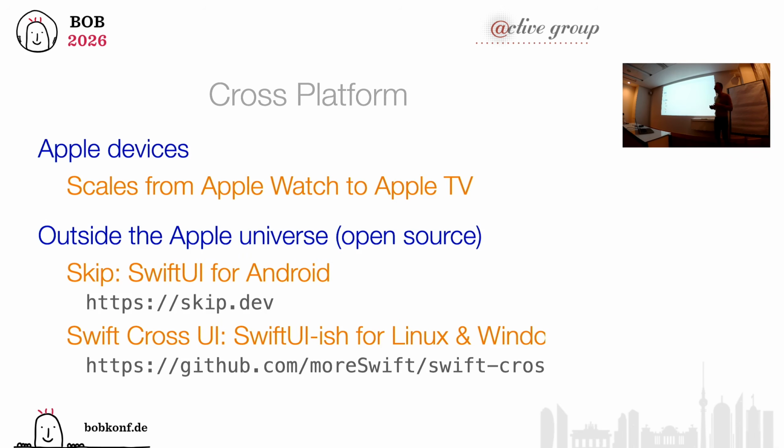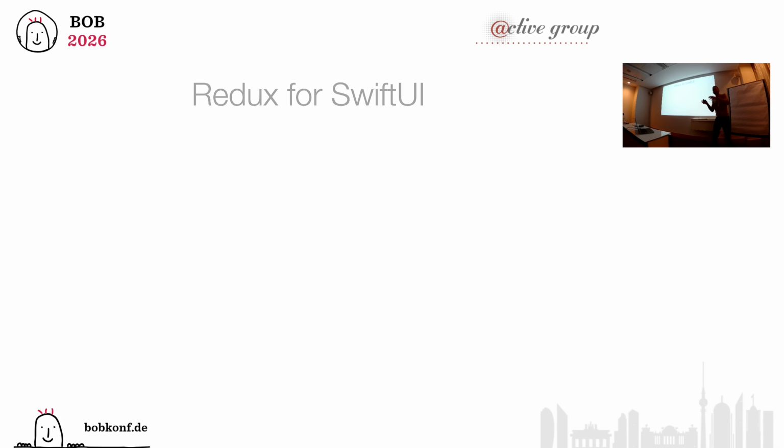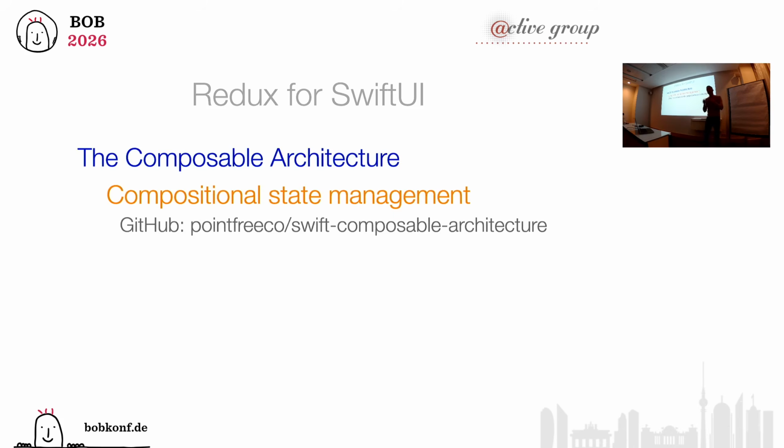And then if you are coming from a web world and you really like this React Redux combination, well, there's an answer for you too, actually. There is something called the composable architecture, which goes beyond Redux. It's a very elaborate compositional state management system.